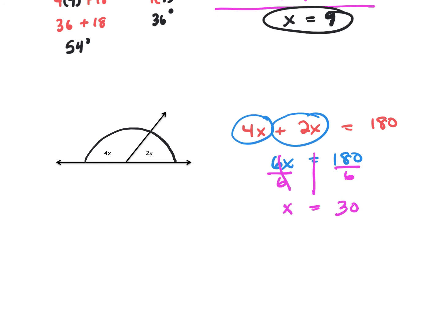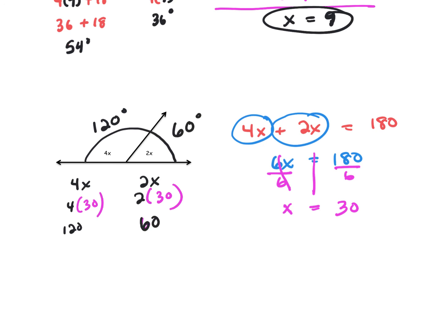So if x equals 30 and we had 4x, that would be 4 times 30. So this first angle, the obtuse angle, which makes sense, is 120 degrees, my fault. And then the second angle, which gave us 2x, we replace the x with 30. And 2 times 30 is 60, and that once again makes sense. It's an acute angle, and so those together add up to 180.